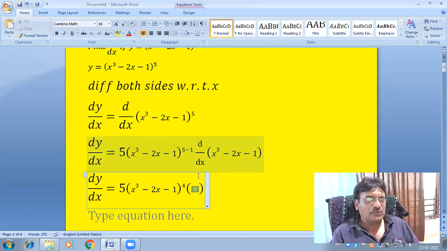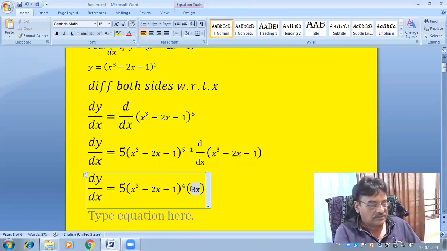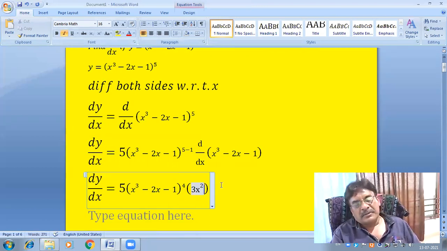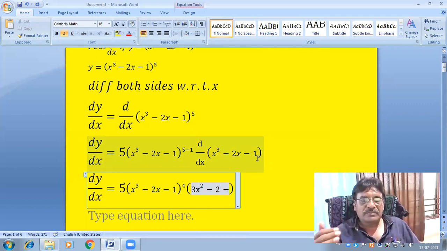Similarly, ddx of x cube is 3x square, by using the formula ddx of x to the power n is n x to the power n minus 1. Minus ddx of 2x, and ddx of nx is n, so ddx of 2x is 2. Minus ddx of 1, and 1 is a constant. Whenever ddx of k equals 0, where k is a constant, similarly ddx of 1 is 0.